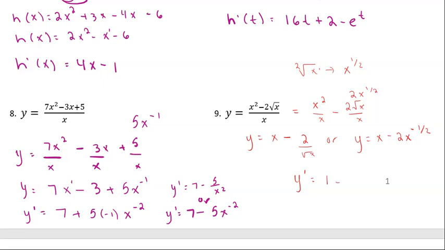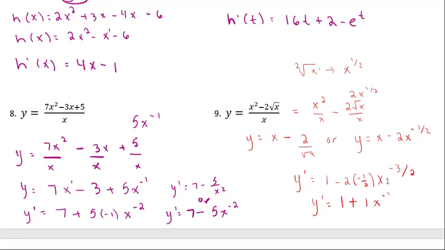You had negative 2. You're bringing down your negative 1/2 and you have x to the negative 1/2, and we're subtracting 1. Negative 1/2 minus 1 is negative 3/2. And then right here, negative 2 times negative 1/2 is going to be plus 1.